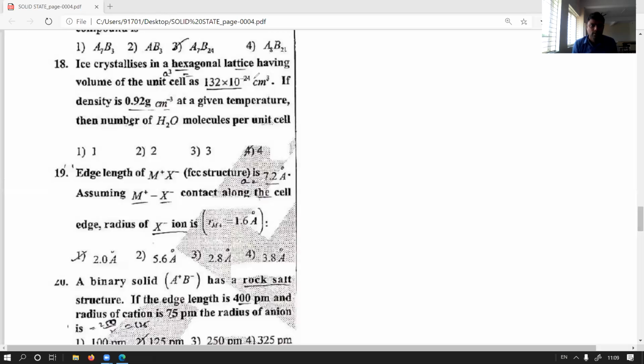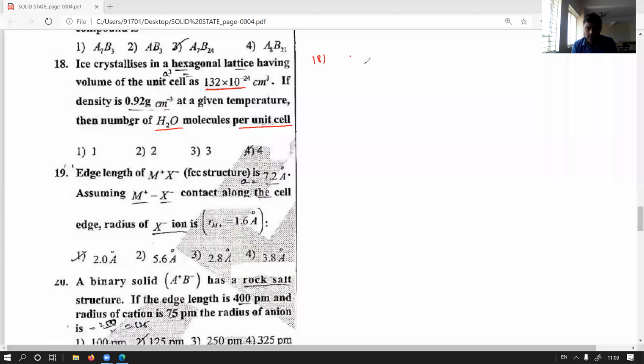At a given temperature, how many H2O molecules are present in one unit cell? In that question, they gave the volume of the unit cell: volume of unit cell is equal to 132 into 10 to the power of minus 24 centimeter cube, and density also they gave. So for this question, what do we have to calculate? We have to calculate the Z value.